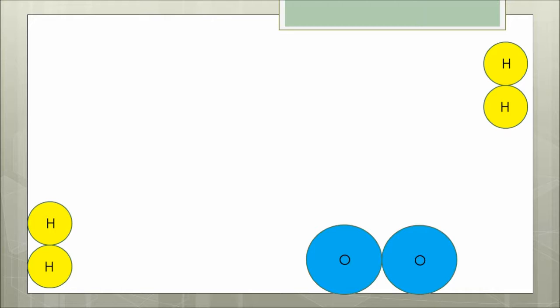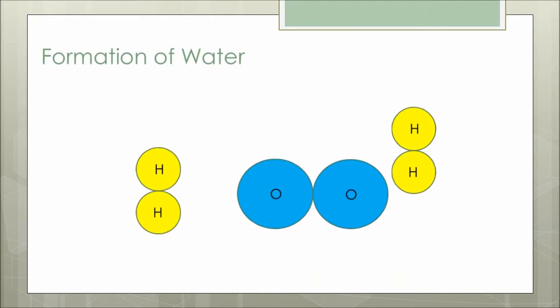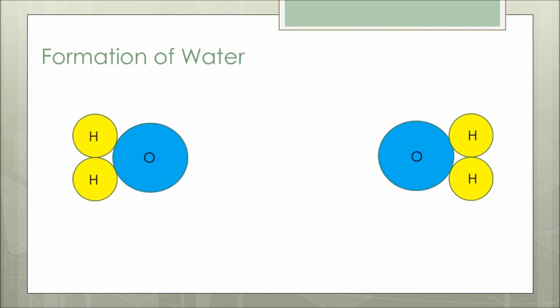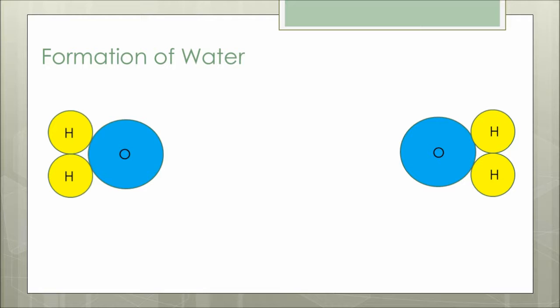The yellow atoms represent hydrogen and the blue represents oxygen, similar kinds of elements in the uncombined state. Once they change into a new product, they interact and change into two molecules of water. Here you have a compound. They're no more identical. They are made from different atoms. That's the whole idea.